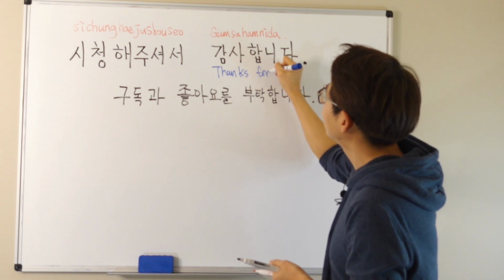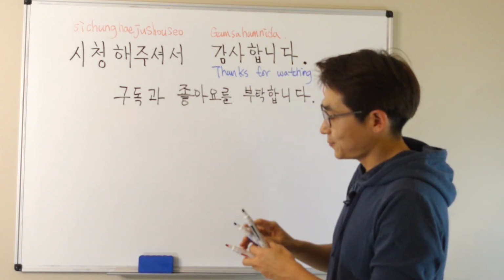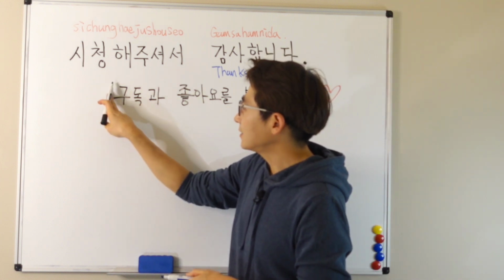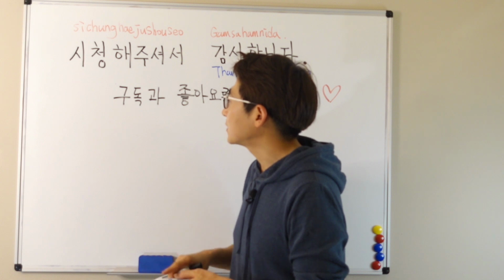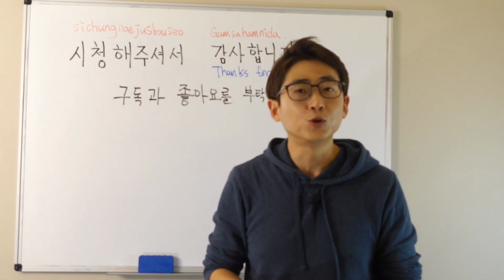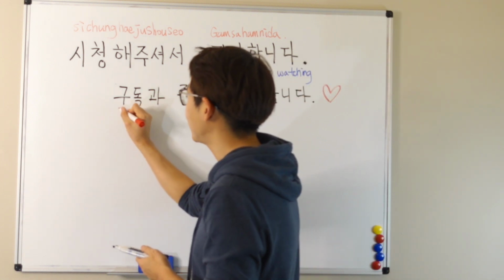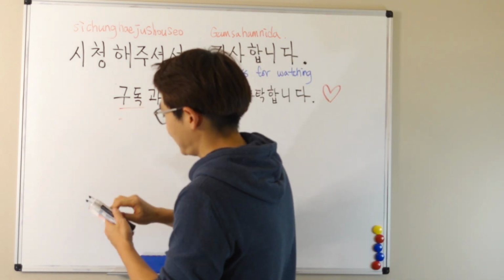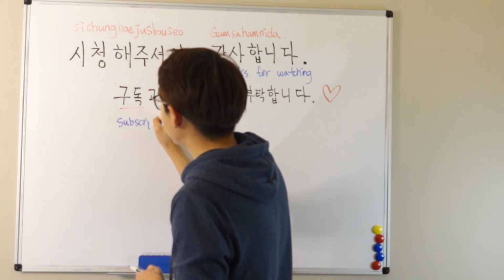And next we have 기역 and 우. 구, 디귿, 오. So that's 오, 도. And 기역, so that's 구독. 구독, it's a very important word because it's subscription.